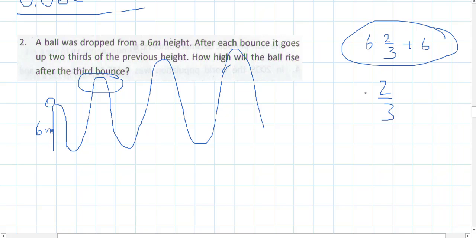And the last time we will do this, multiplying by 2/3 the previous height and adding the previous height. So we have the height of the third bounce.